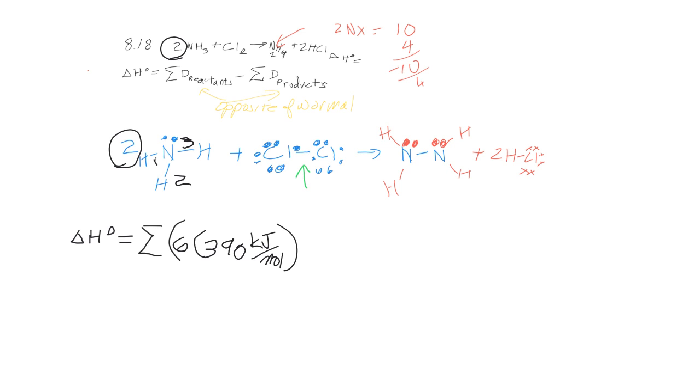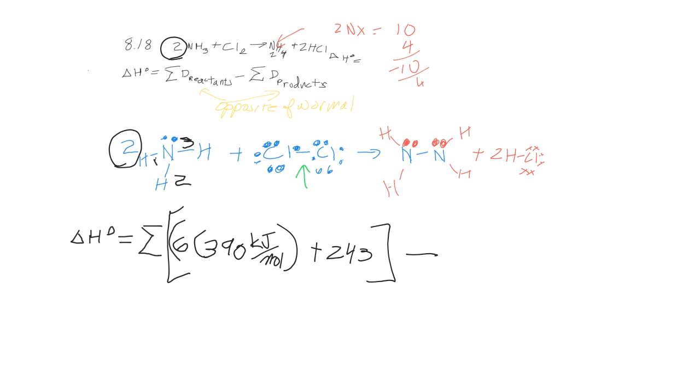This is easy. We only have 1 of those. So I get my chlorine-chlorine bond of 243, and I put big brackets around those.